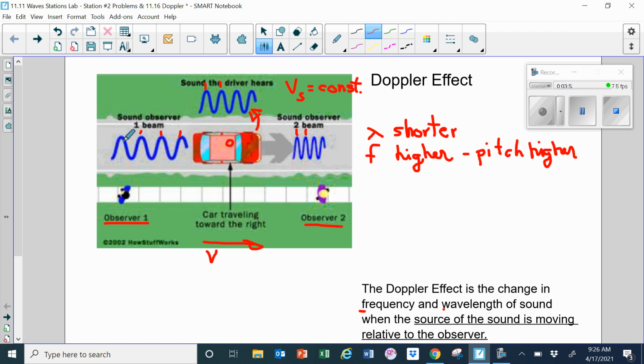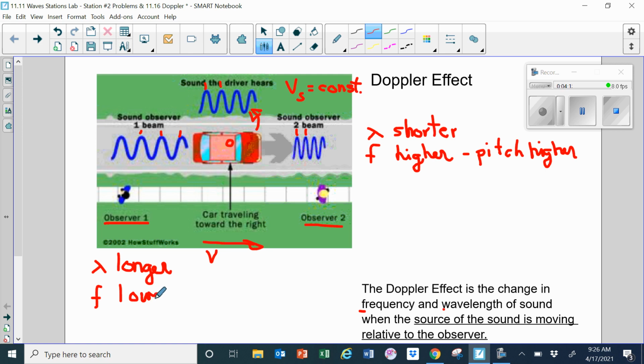So back here, if the wavelength is longer, then since the speed of sound in air at a given temperature is basically a constant, that means the frequency has to be lower.